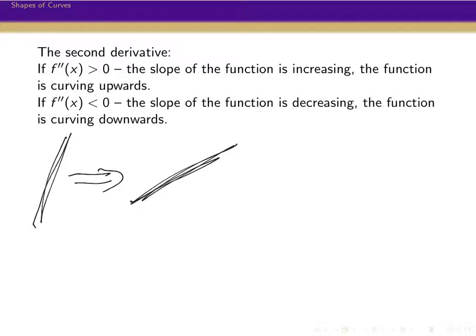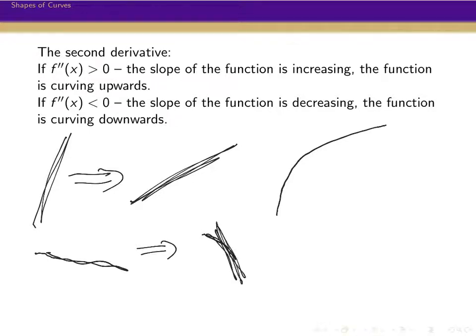So that's sort of like start off steep, flatten out. Or if you start off negative, it's going to become more negative. And so in both of these, you can see that the function is curving downwards.